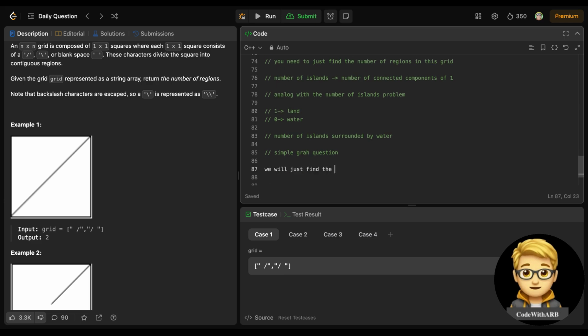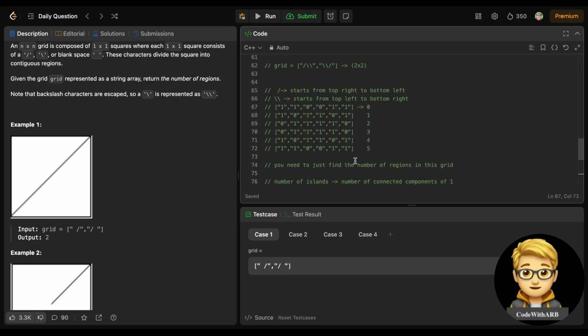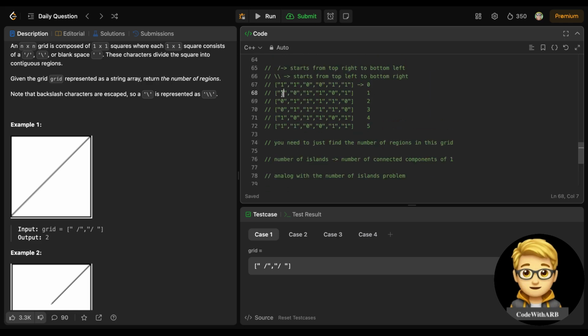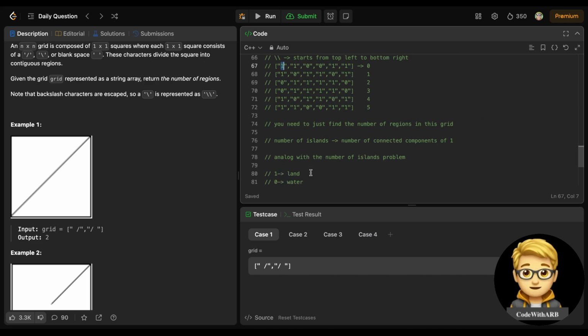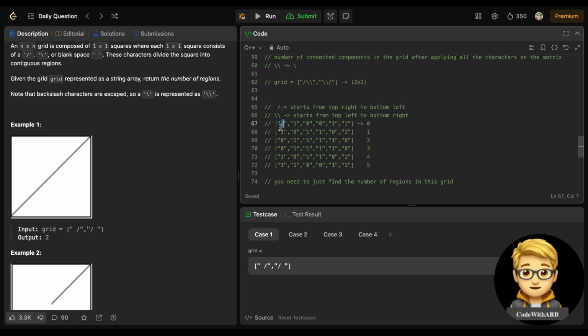We will find the number of components by using DFS, or recursion, whatever. You can also use BFS, but I will use DFS here, right? So basically what we will do is iterate over the whole grid and check each cell. I will start from the first part and check whether we have got a 1 or not.